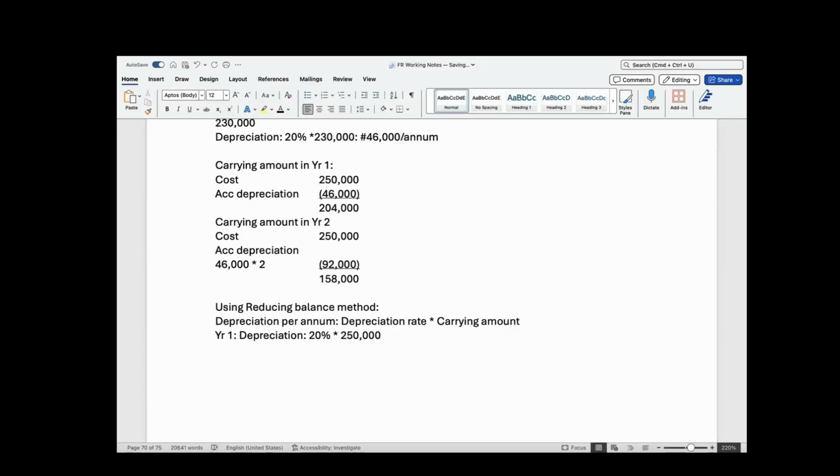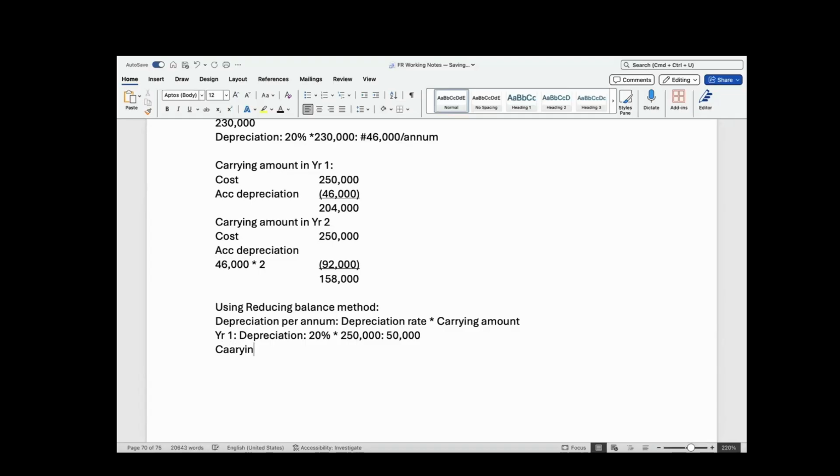So my depreciation in year one is simply 50,000. This 50,000 is just the year one depreciation.